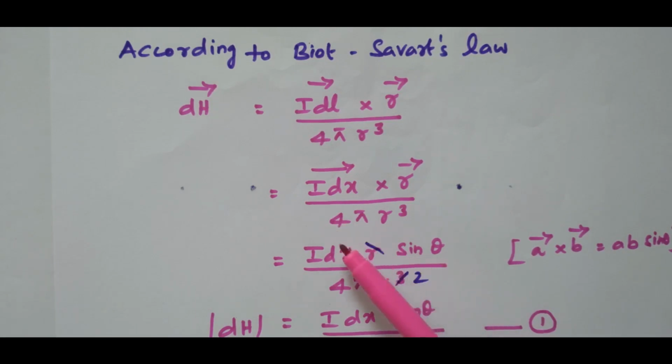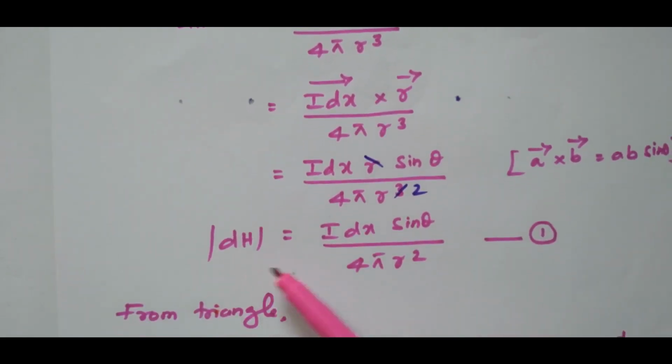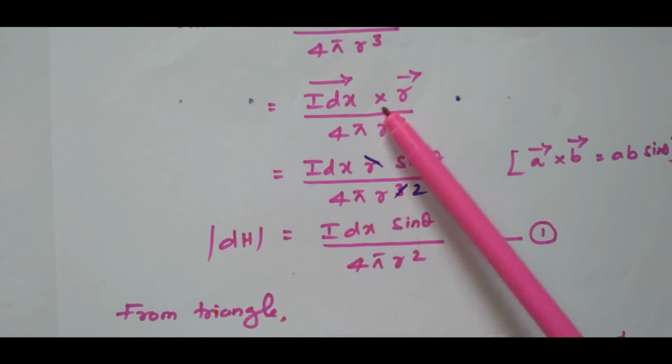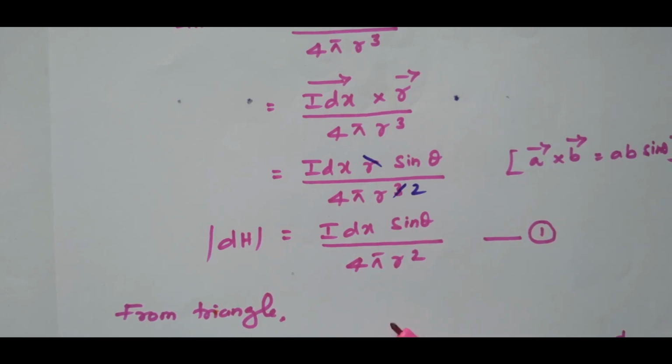Here one r is there in the numerator and r cube in the denominator, so one r gets cancelled. So dH equals, now this vector cross product is written as AB sin theta in scalar form, so now it becomes scalar. After simplification, what we got? dH equals Idx sin theta divided by 4 pi r square.